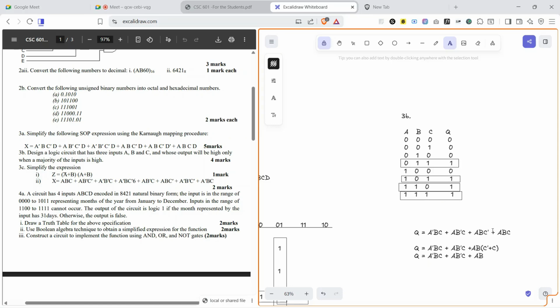I don't think there's any other simplification we can do here.